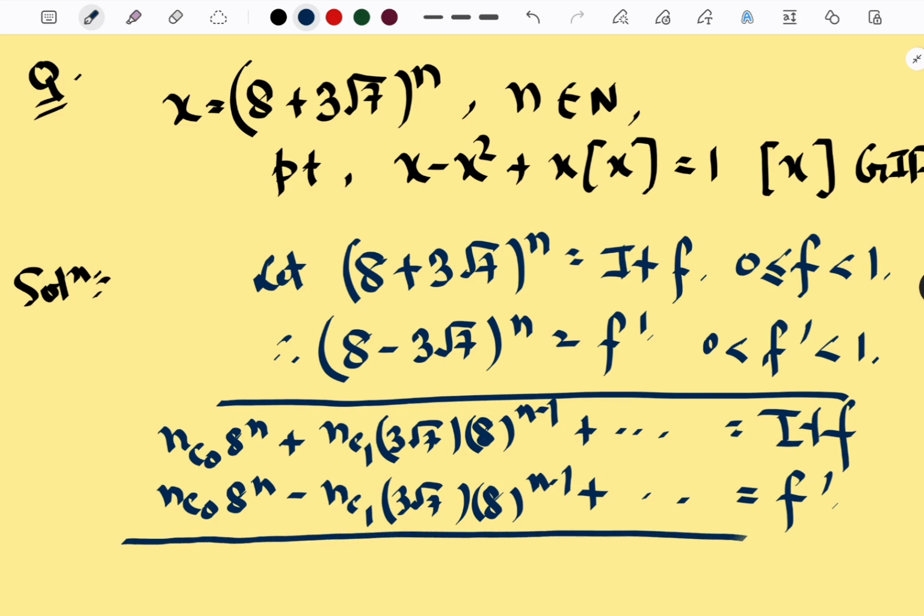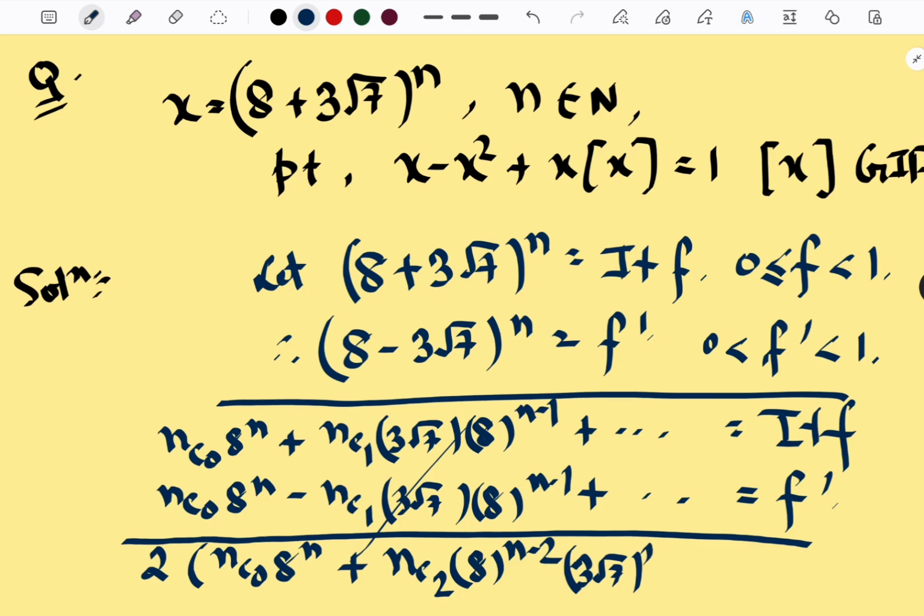Now obviously there is one thing: add these two up. Why? Because we want it to be surd free. So this will be 2 times nC0 8 to the power n plus nC2 8 to the power n minus 2 into (3 root 7) whole square plus something something. This is equal to I plus F dash.